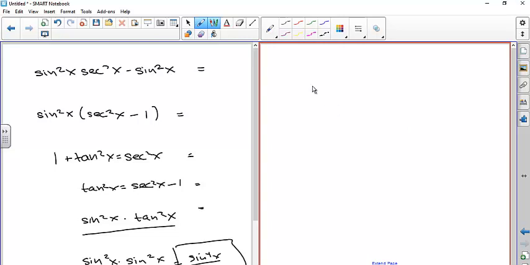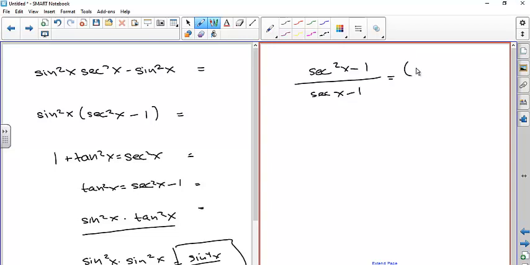Let's do this one. Secant squared x minus 1 divided by secant x minus 1. What you can do in this case is factor the numerator. You might think of replacing this with the tangent squared, but that really wouldn't help you a whole lot.